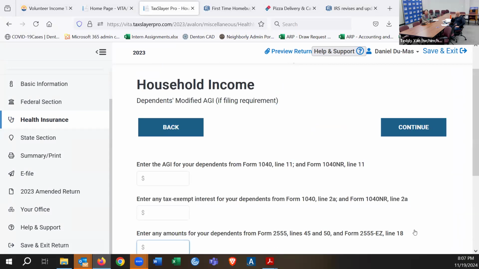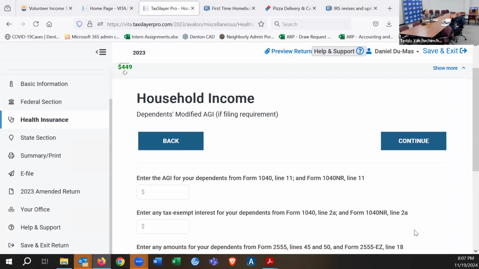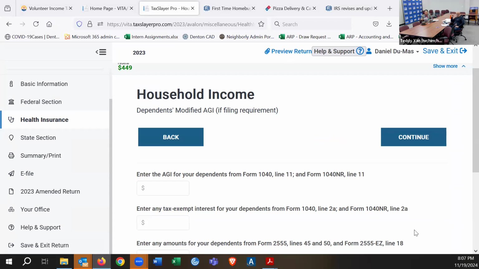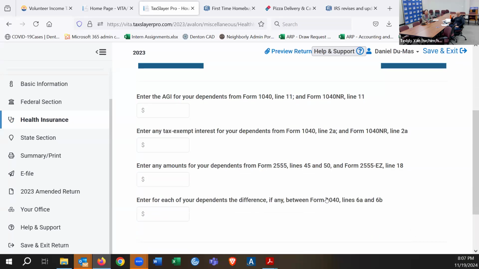Then you hit continue, and then it's going to ask, hey, what are your dependents' AGIs? Because what we're having to do now is we're not only having to assess the tax household's income, we are now having to assess the health household's income. So we have to know the AGI of their dependents, and then we add that to the taxpayer's AGI.